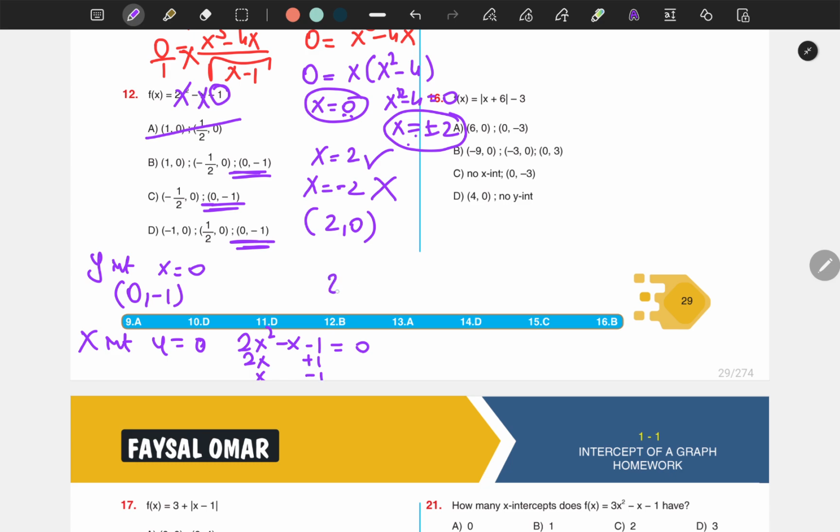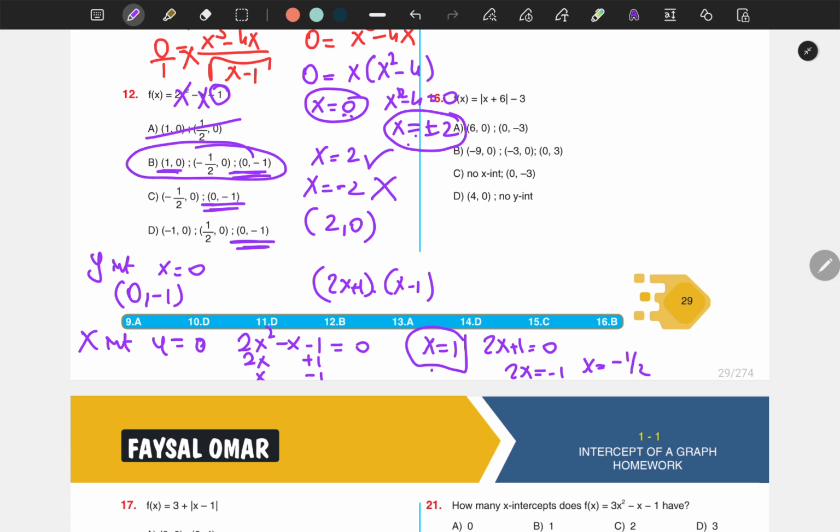So it will be 2x plus 1, x minus 1. Guys, x will be equal to 1. This is one of them. Okay, you see, even this one is enough, because here directly it gives us answer. If it's 2x plus 1 equal to 0, 2x equal to negative 1, x negative 1 over 2. So the B is correct option.